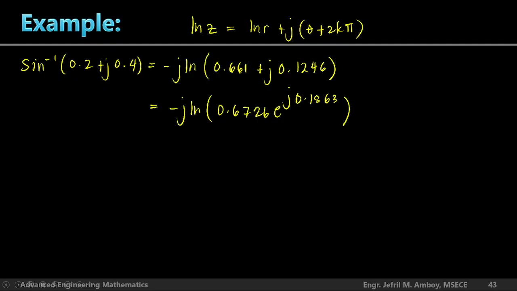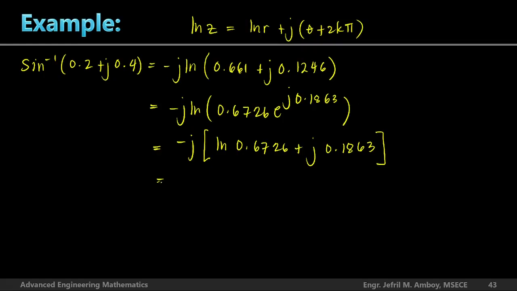Okay. Pag in-evaluate natin to, ano nga ba ang ln of the complex number z? That's ln of r plus j theta. ln of 0.6726 plus j 0.1863.